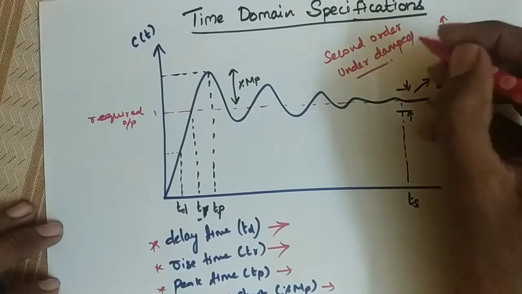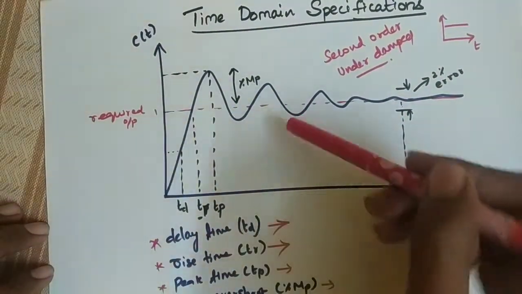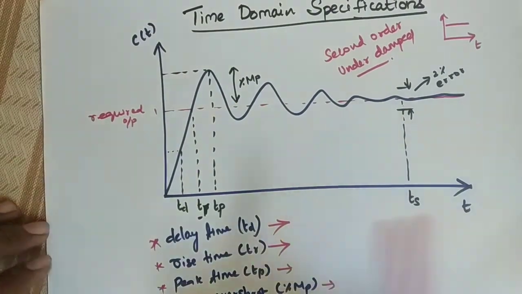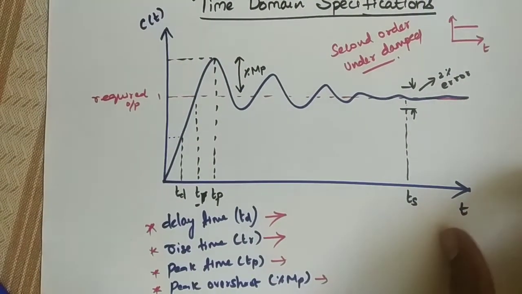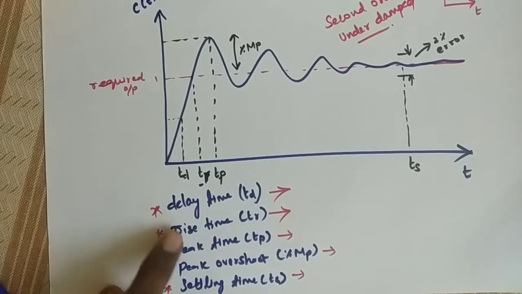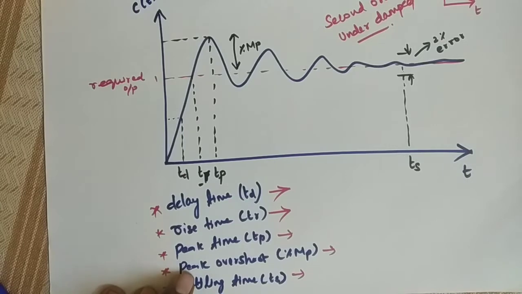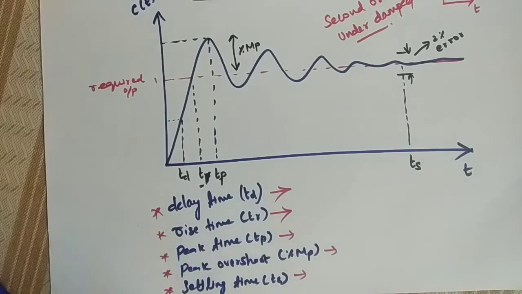That is why we are considering this waveform as well as its equation for all the derivation. So these five parameters, delay time, rise time, peak time, peak overshoot and settling time, are the factors useful to find out the time response of the system we are studying.